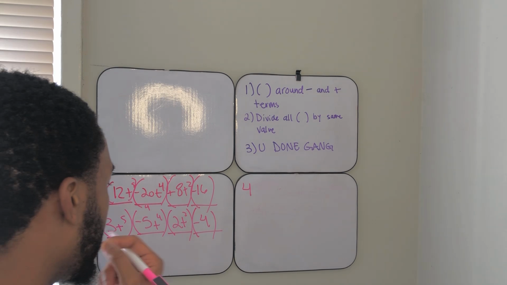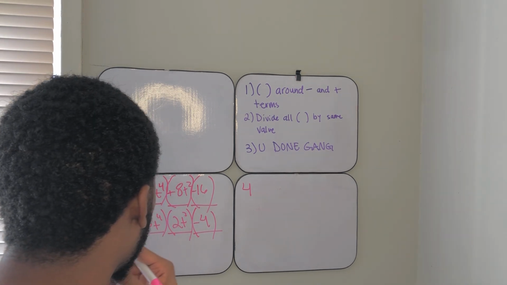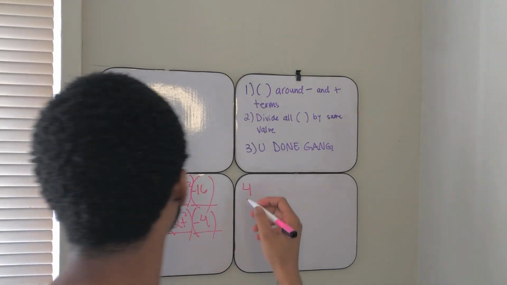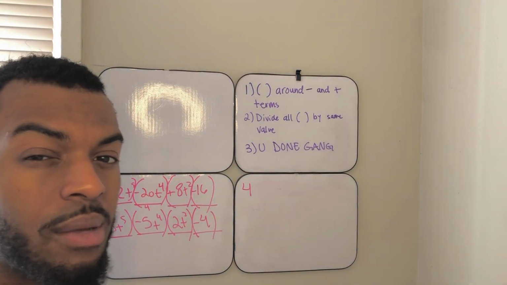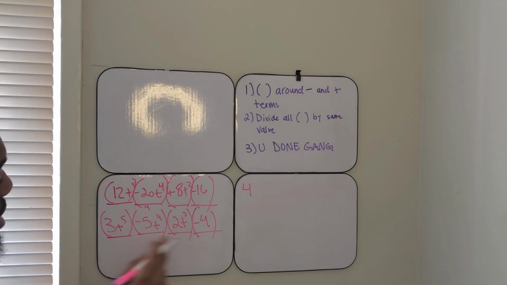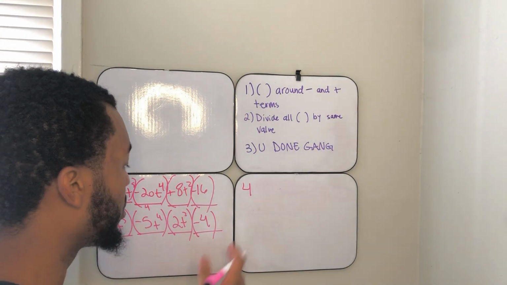Hold on. You know what? I think this is the end of it. Let me know in the comments if this is correct. We can't divide any of these by the same number. All three of these have a t in them, but the last one doesn't have a t, so we can't divide.